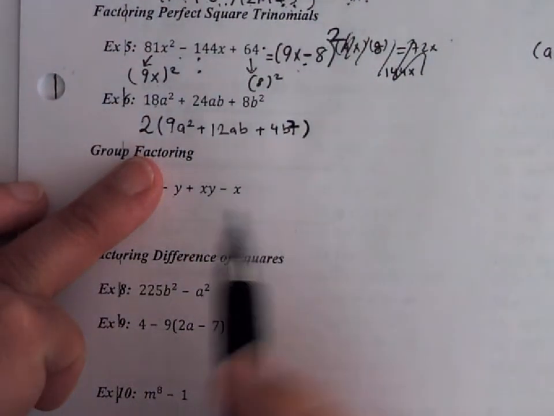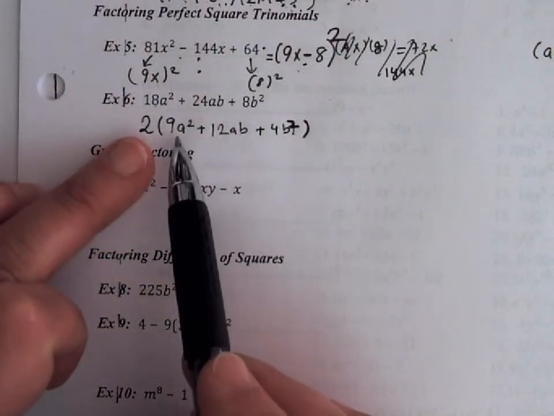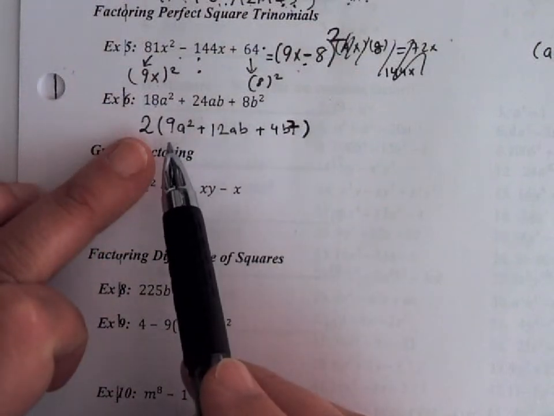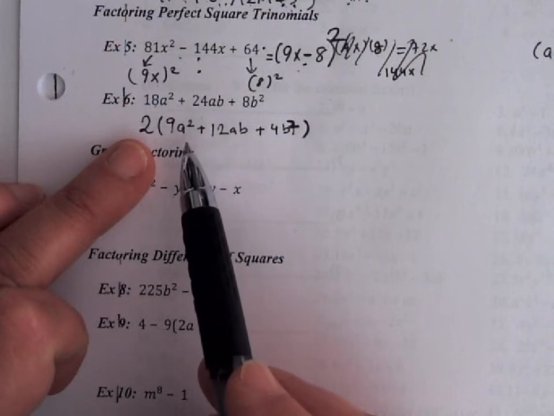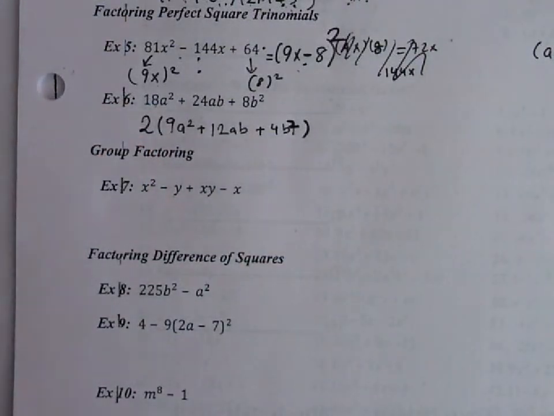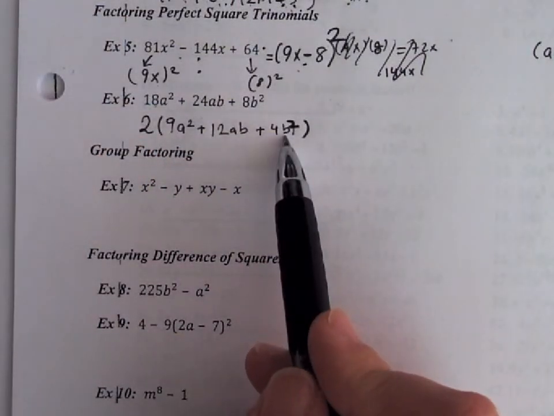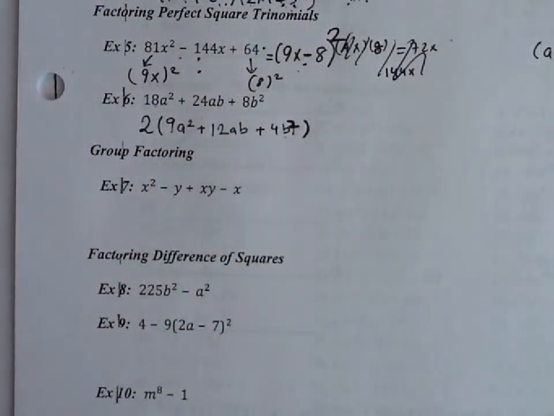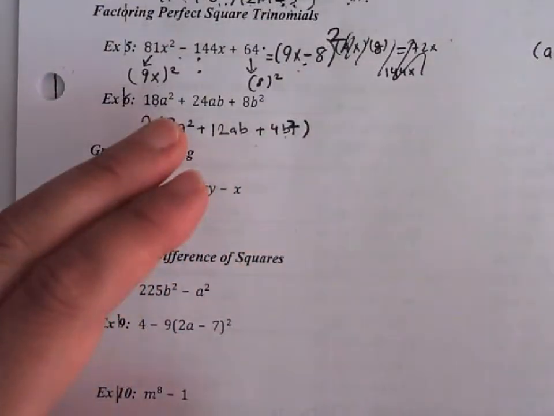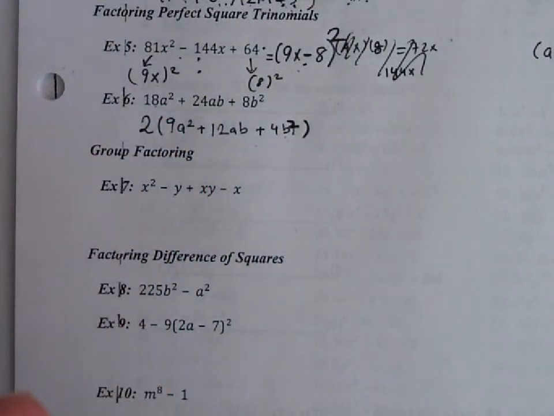Okay, then check if the first term is a perfect square, right? 9a squared, well, that is 3a squared. Then check the last term. We have 4b squared, well, it is 2b squared, so it's a perfect square too. Then you are suspicious that this could be a perfect square trinomial.